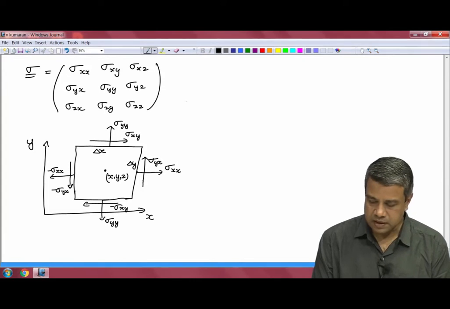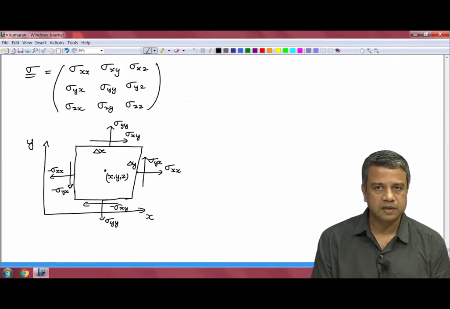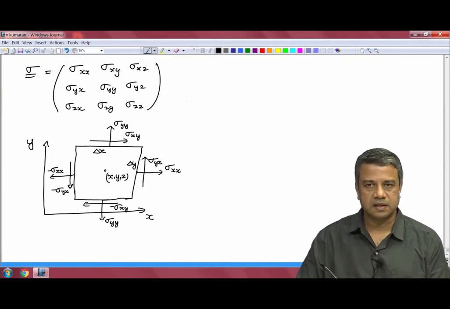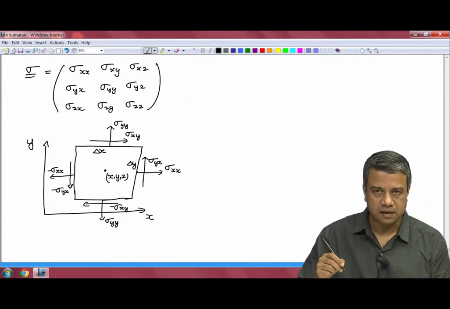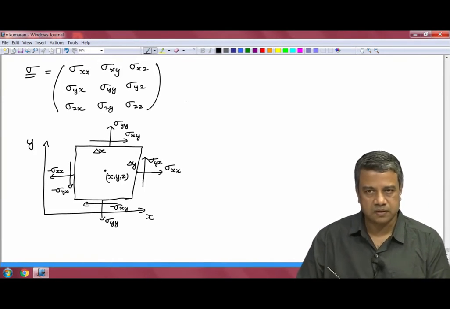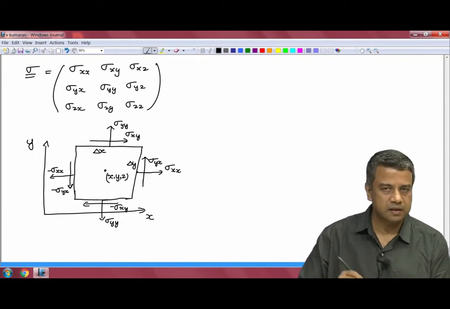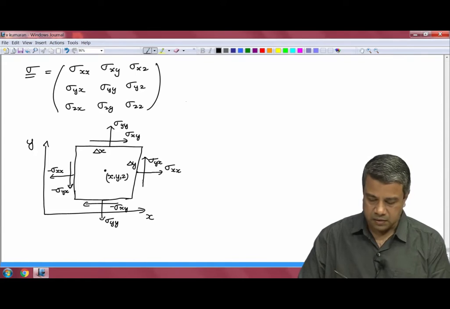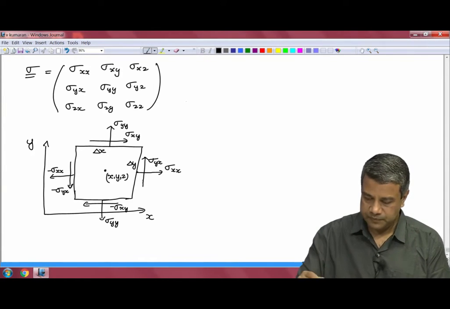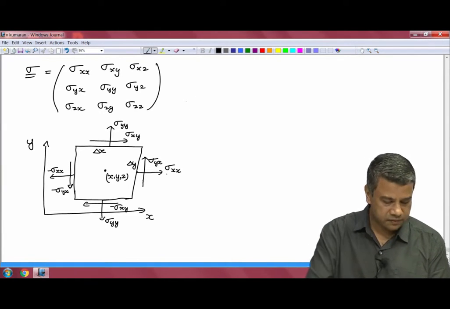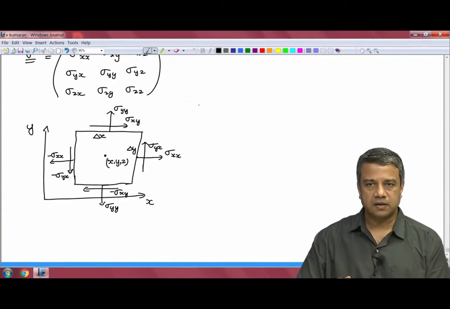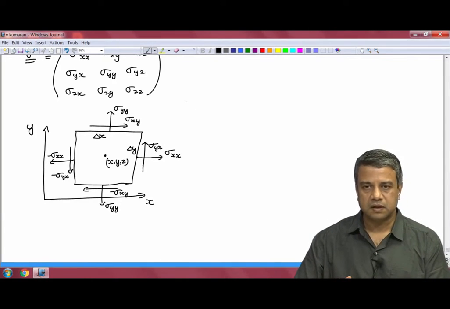So, what is the contribution to the torque about the center? About the center axis of rotation, we will consider the z coordinate passing through this location x, y, z, perpendicular to the plane. If I write down the contribution to the torque from each of these individual contributions, note that according to the right hand rule, the torque in the anti-clockwise direction is positive.